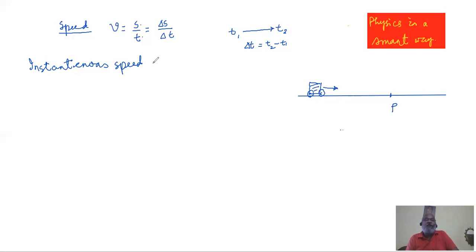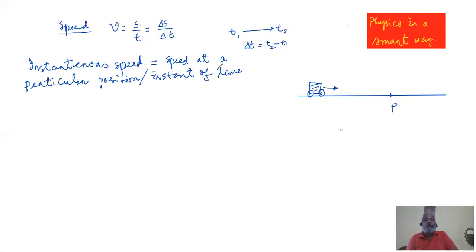Instantaneous speed means the speed of the object at a particular position or instant of time. We use it in both ways.